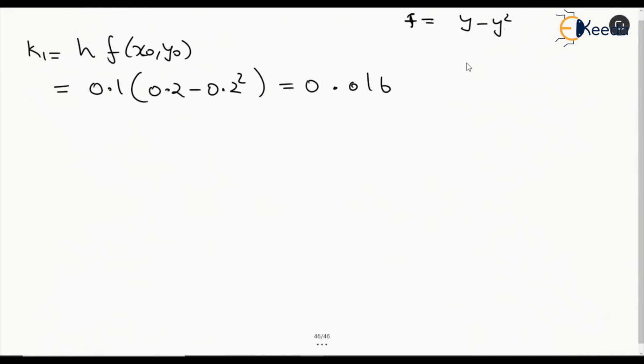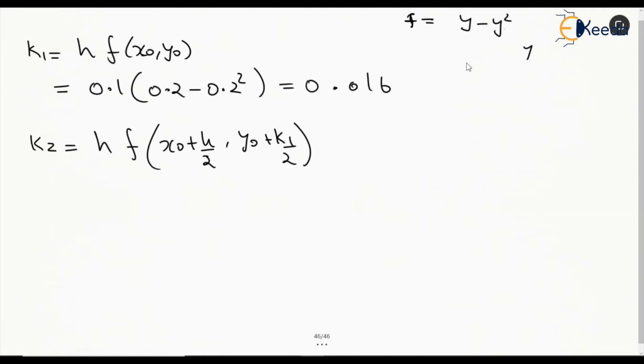Now we have to find k2. K2 is h times of function at x naught plus h by 2 and y naught plus k1 by 2. So what is y naught? Y naught is 0.2. Now h is 0.1.